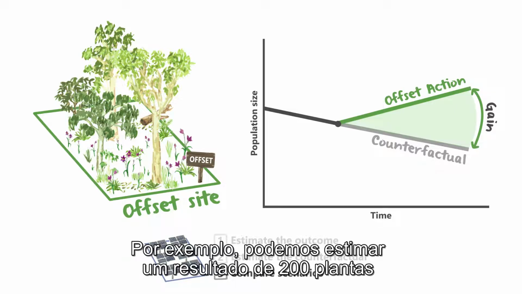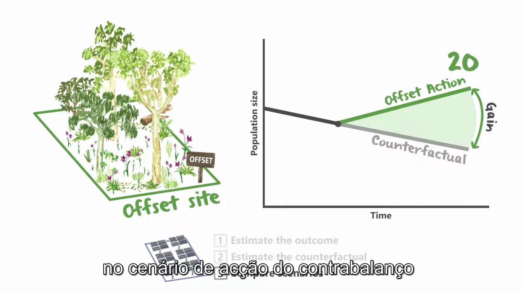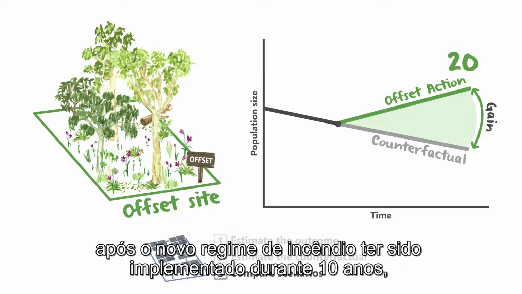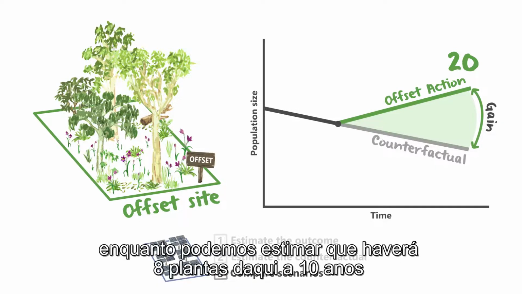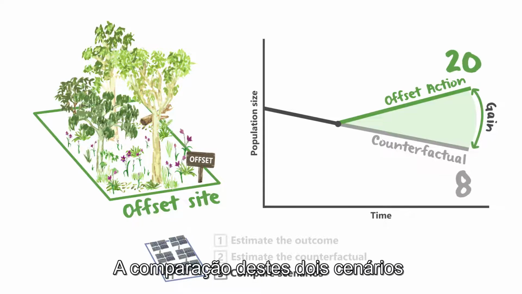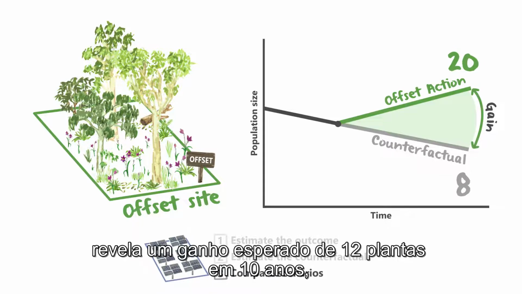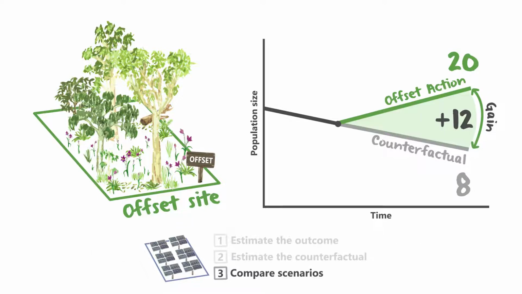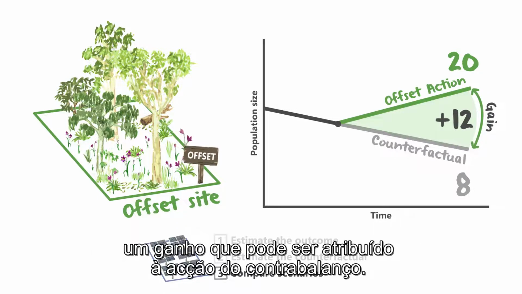For example, we may estimate an outcome of 20 plants at our site in the offset action scenario after the new fire regime has been implemented for 10 years, while we might estimate that there would otherwise have been 8 plants in 10 years' time under the current fire regime, the counterfactual scenario. Comparing these two scenarios reveals an expected gain of 12 plants in 10 years, a gain that can be attributed to the offset action.